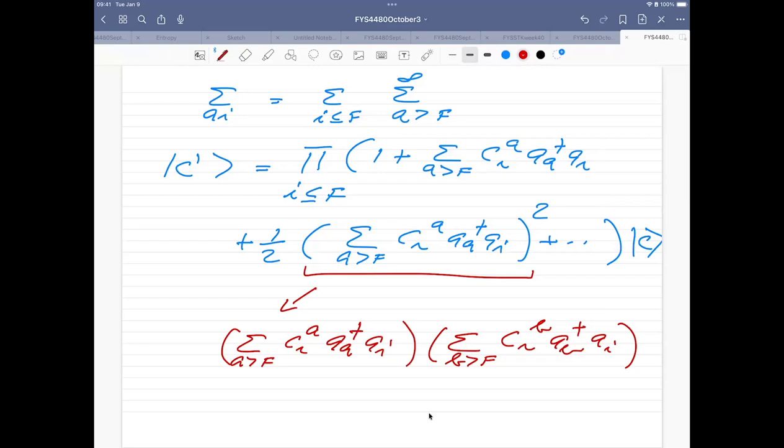So what you see now is that you're going to have a term AB, that's going to be a C_iA, a C_iB, and then an a†_A, a_i, a†_B, a_i, and this is going to act on C.